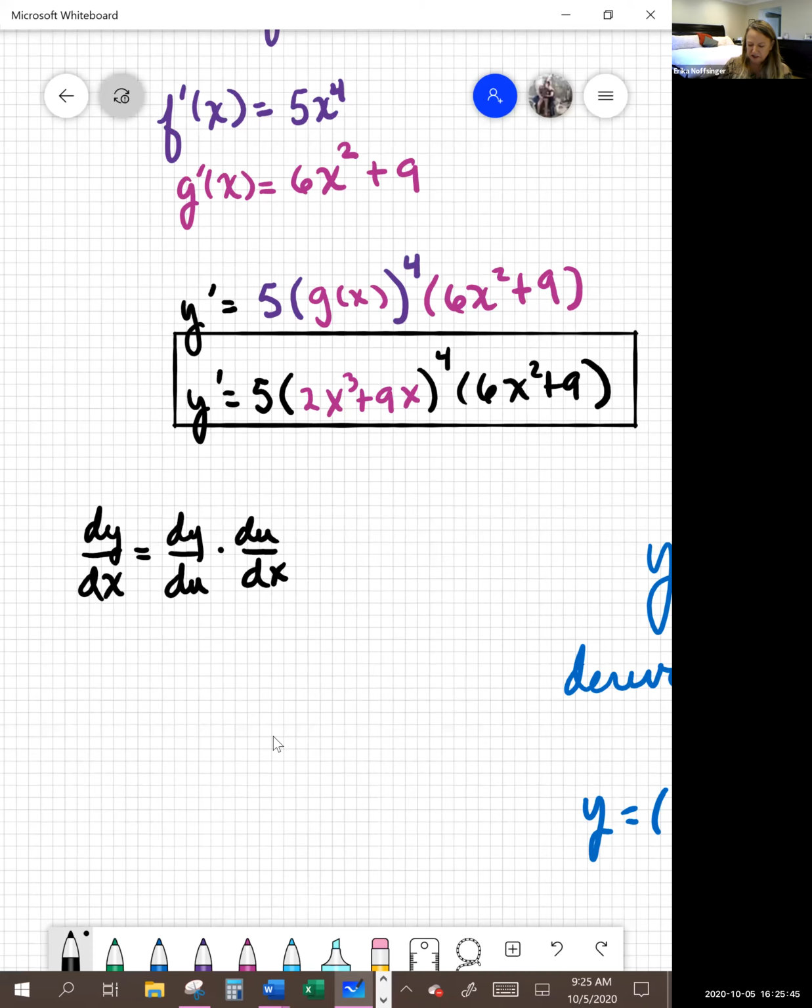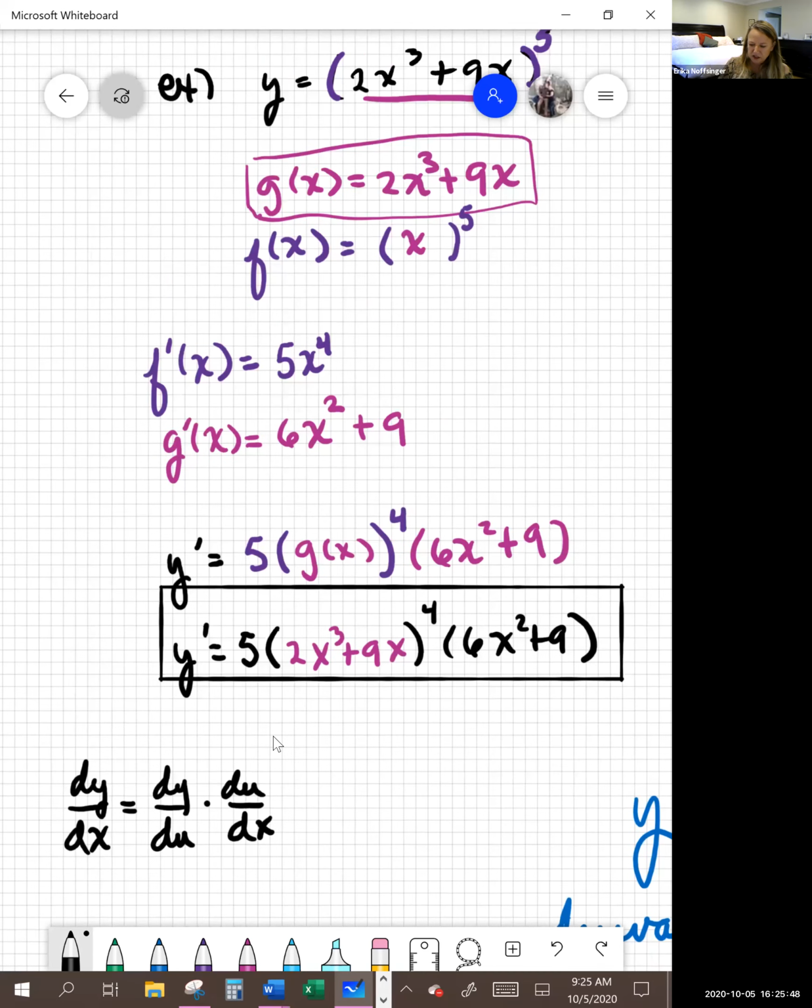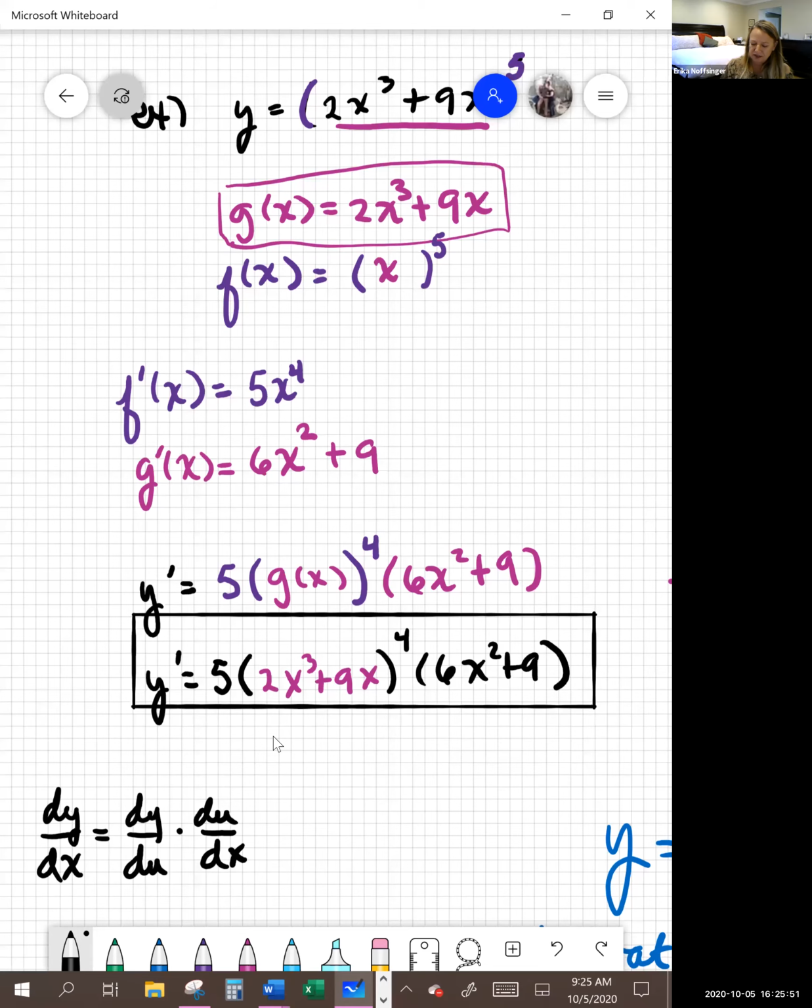That's our original function. So y was equal to 2x cubed plus 9x to the fifth.